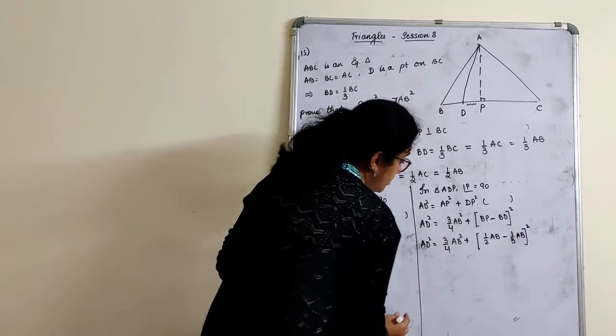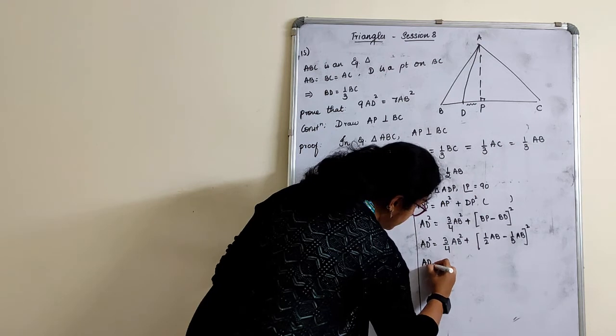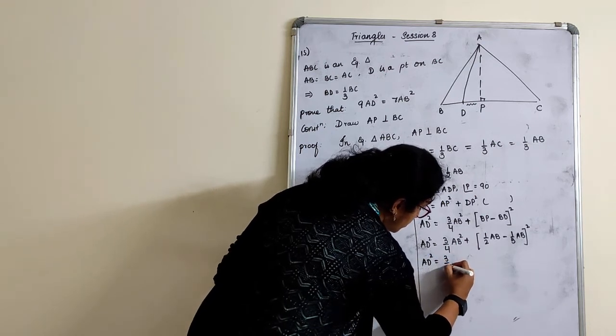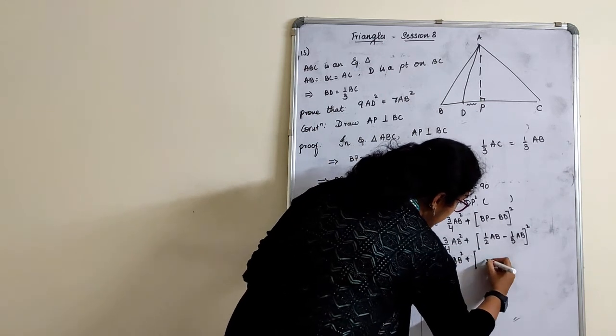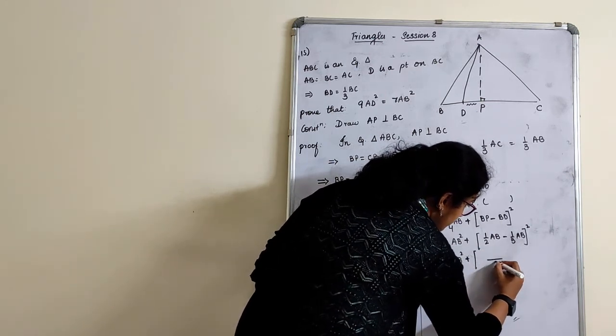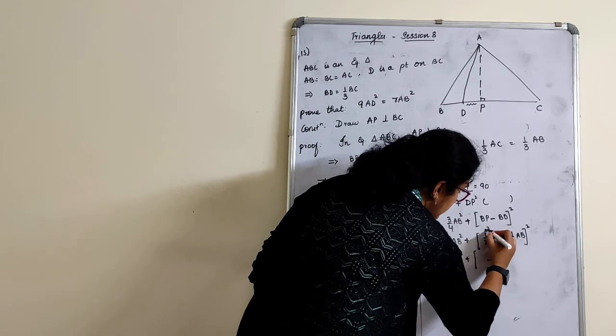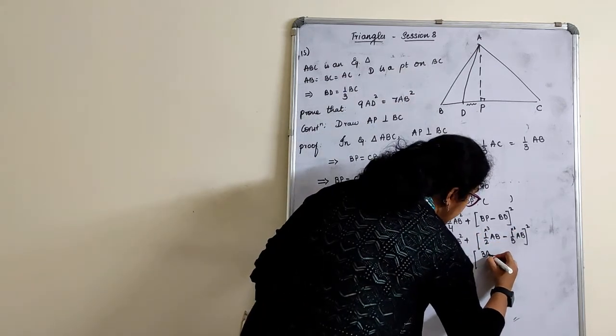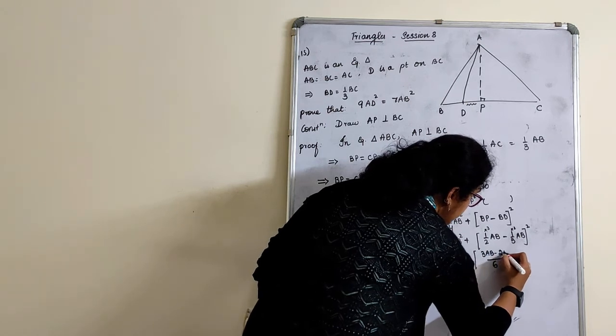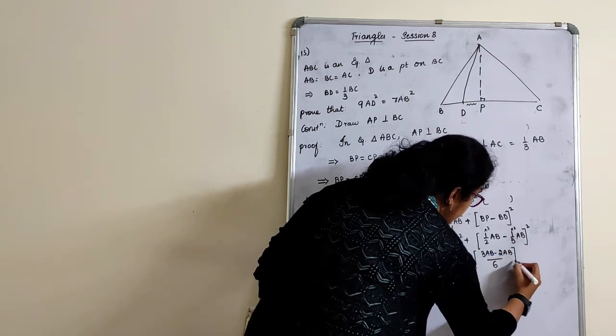Right? So AD square is equal to 3/4 AB square plus LCM is 6. So here 3s are 3, 2s are 2. So 3AB minus 2AB whole square.